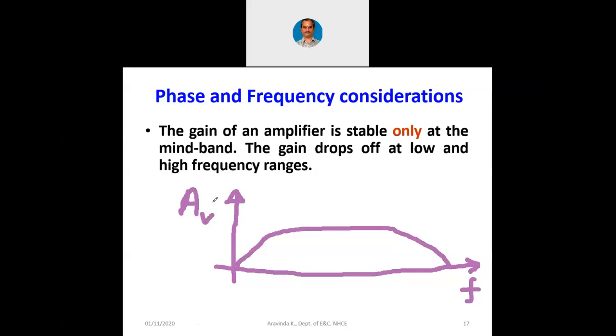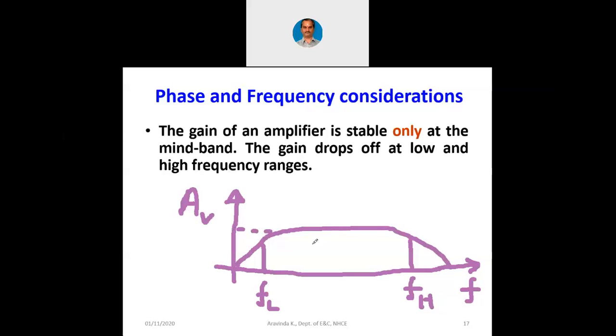We will typically take the example of the voltage series feedback amplifier itself. So now we have seen we have one point FL here, or low frequency cutoff, and then we have one more point FH here, high frequency cutoff. And now we generally think that this is the maximum gain. This portion where the mid band, there is the maximum gain.